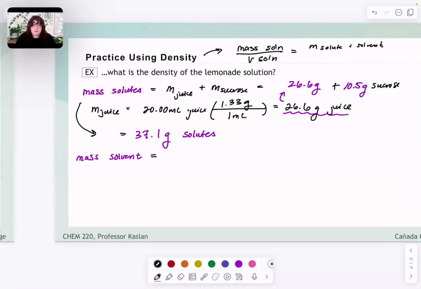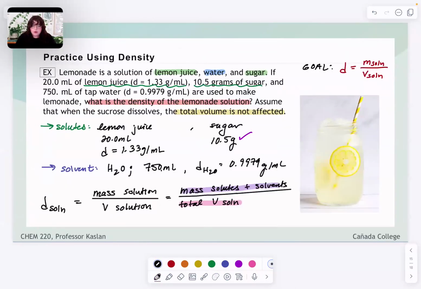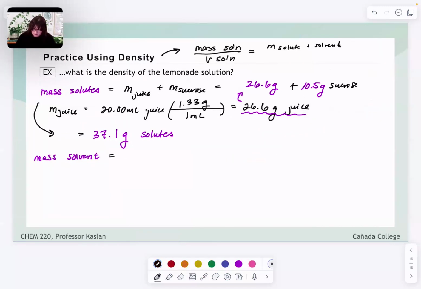And going back to our information that we know about water, very similar to what we knew about our lemon juice, right? We were given a volume and a density. So we had 750 milliliters with a density of 0.9979. Honestly, this density is probably not right for tap water. It's probably closer to 1 gram per mil, but we'll go ahead and use it, 0.9979. So we've got to figure out using a conversion the mass of solvent.